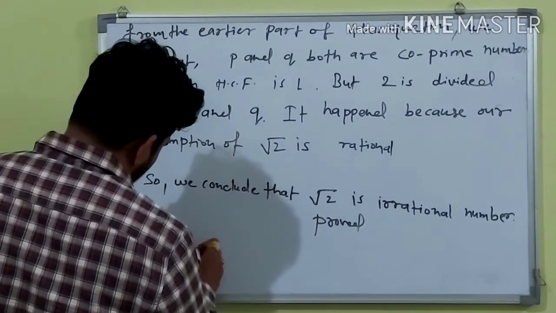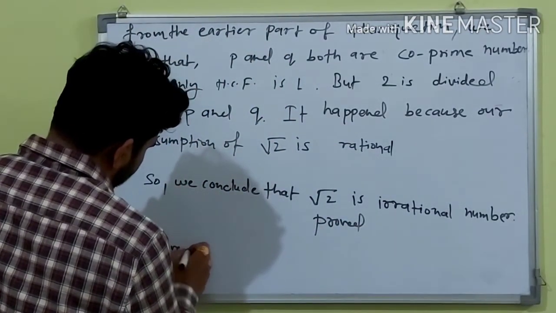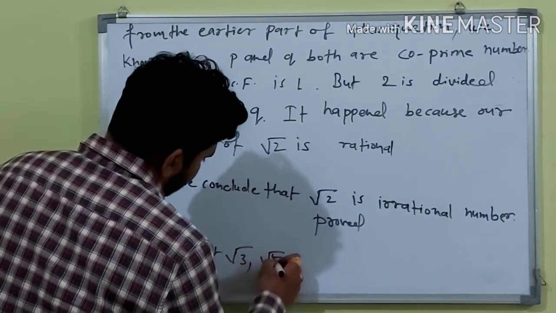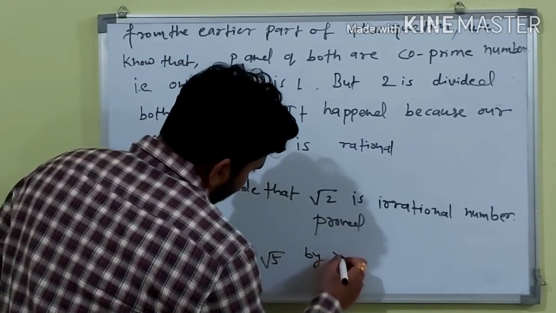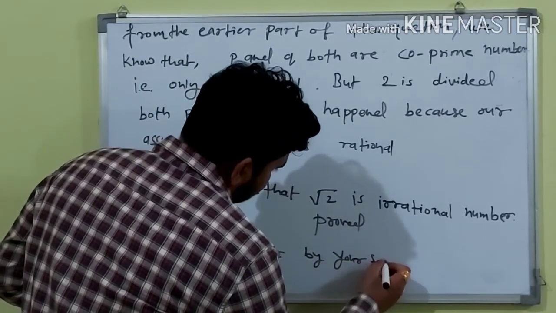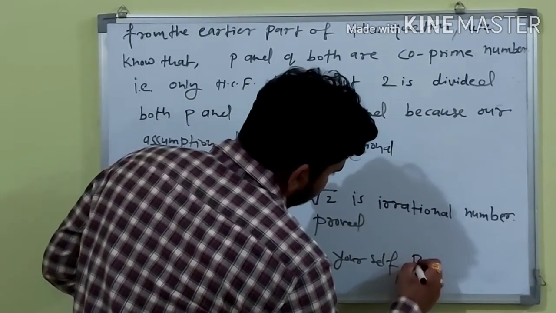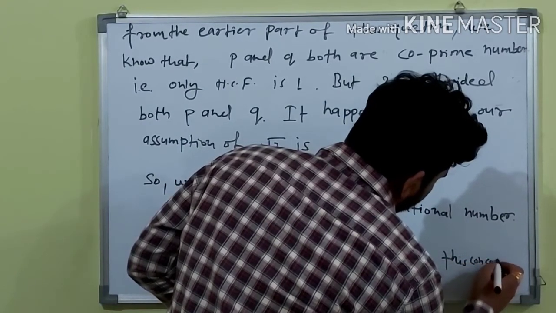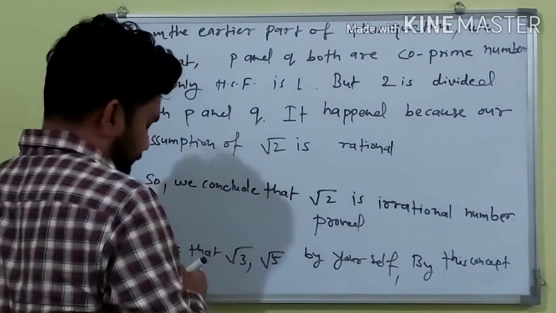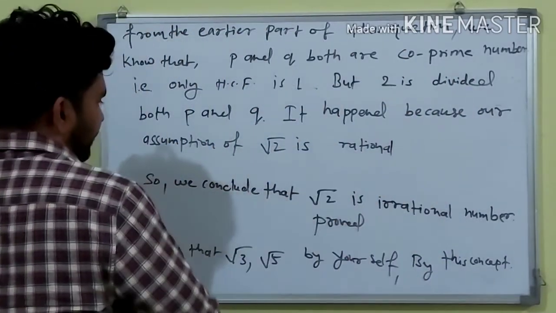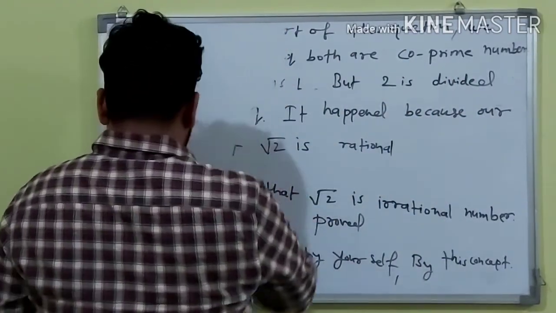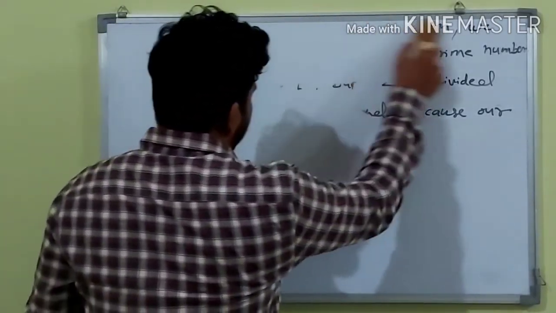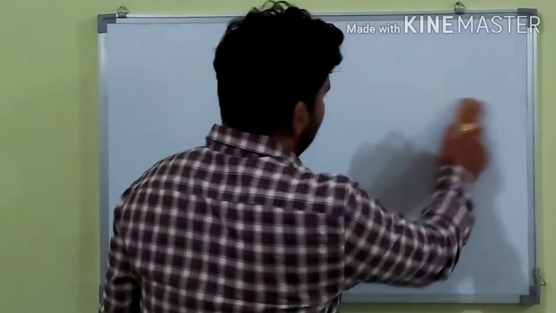And then prove that under root 3, under root 5 by yourself by this concept. Okay. Next question from 1.3. First question is your homework to do by yourself through this concept.